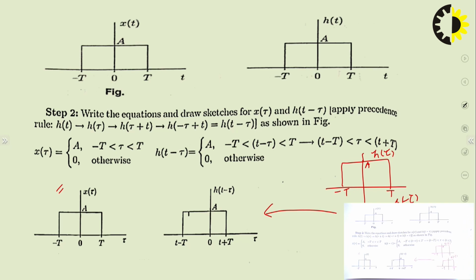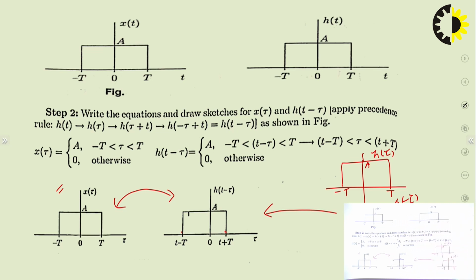If it is shifted by t, then let us say this point is t plus T and the other point is t minus T. Now it depends upon the value of this shifting amount t, where our signal exists. So now this is our x of tau and this is h of t minus tau. Now we will see how the regions of these two rectangles overlap with each other.